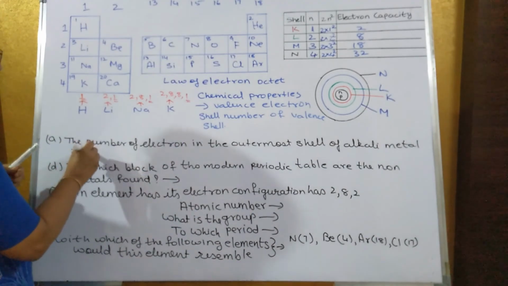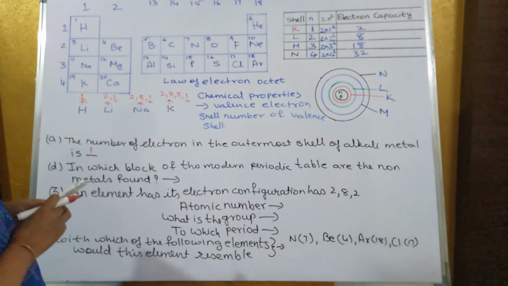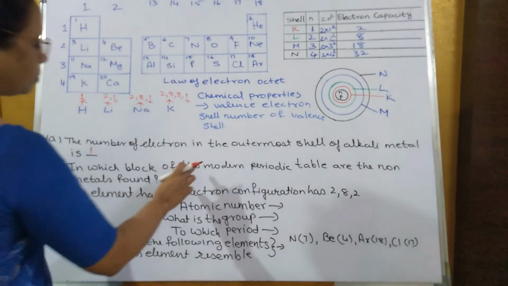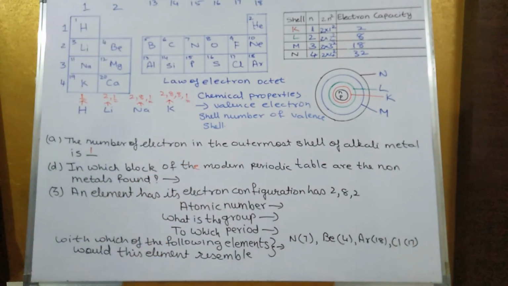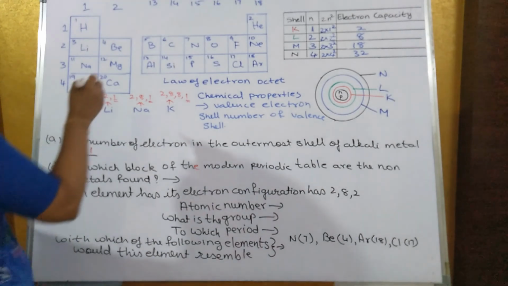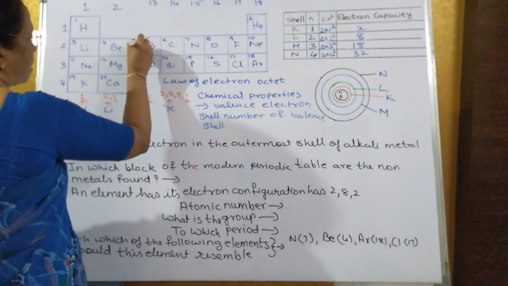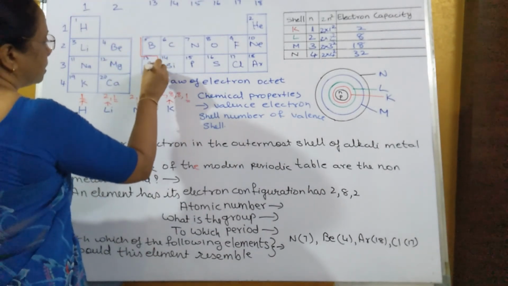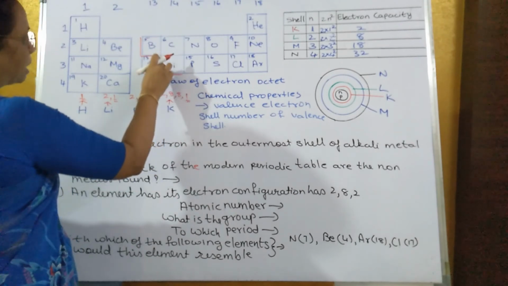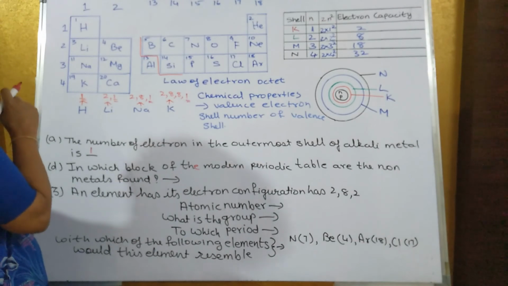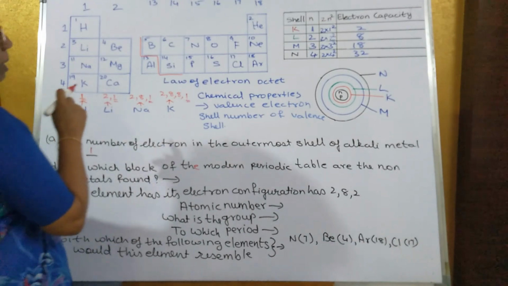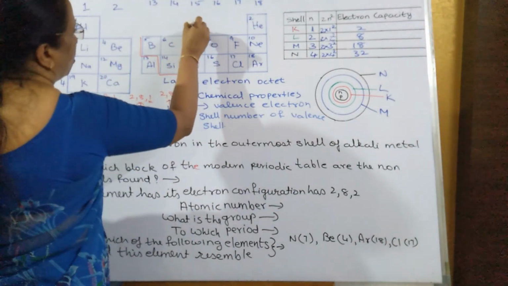In which block of the modern periodic table are the non-metals found? I had told before, the non-metals are found after the zigzag line. These are the metalloids. The ones present on the right hand side of the zigzag are known as non-metals, and this is which block? P block.